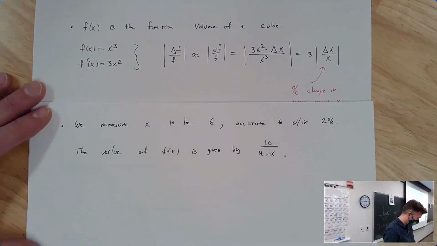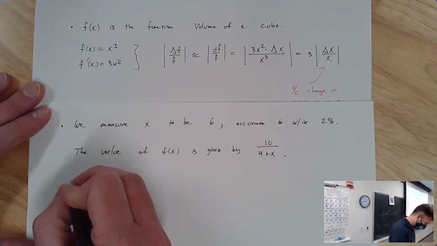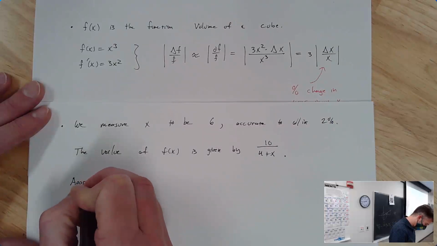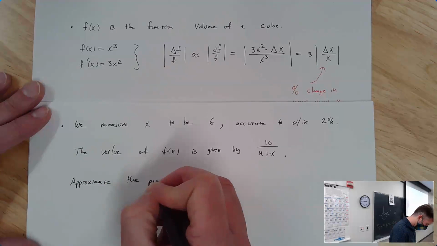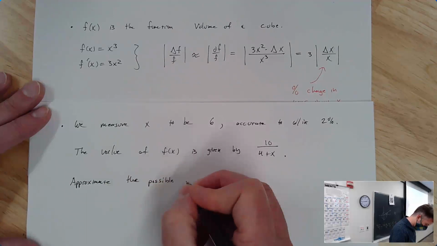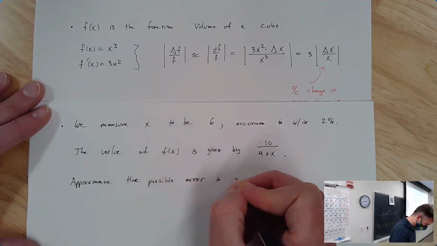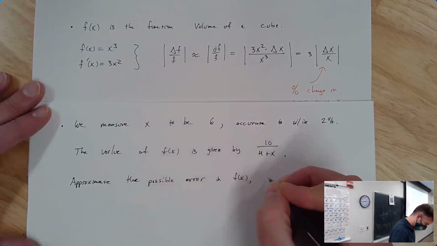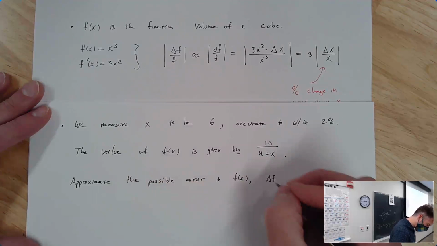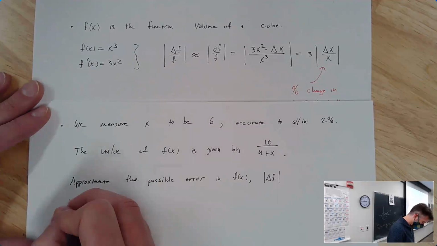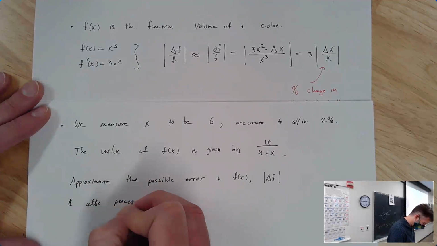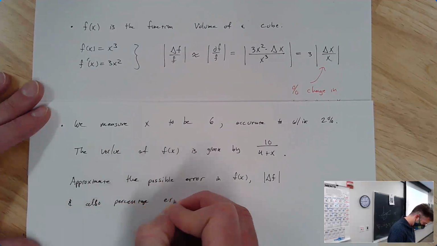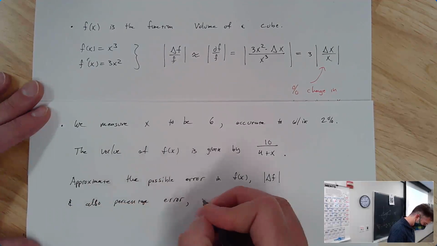And we want to know two things. We want to approximate the possible error in f of x, we want to find delta f, and also the percentage error, which is delta f over f.